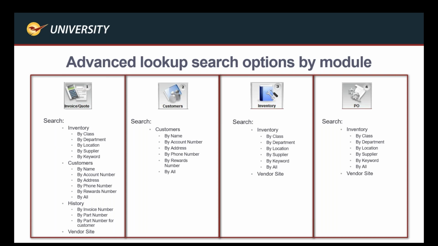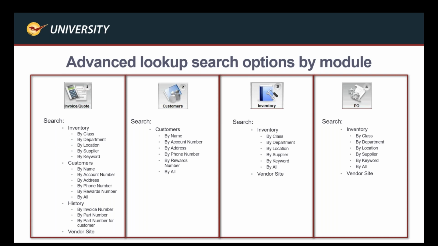Customers are very specific to pulling up customers. So that's the difference. In all of them but the customers module, you could pull up inventory. The customers module is meant to pull up customers by name or an address number, a phone number, rewards number. So definitely some other ways that you can get those results that you're looking for.